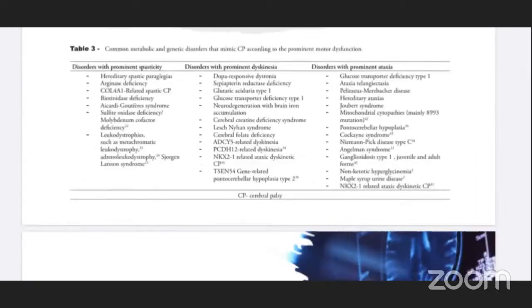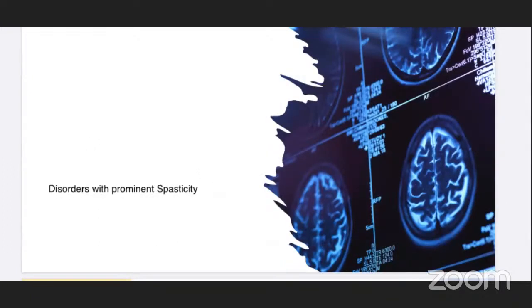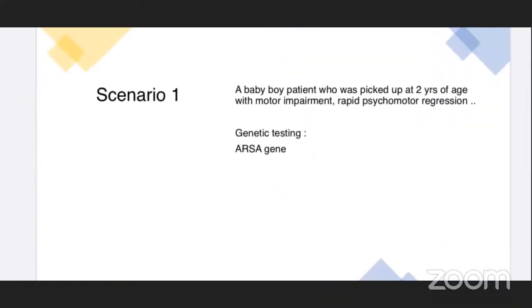I'll start with the diagnosis of disorders with prominent spasticity. I have here a small clinical scenario, and I'd like some of the neuro residents or general pediatric residents to interact with me.